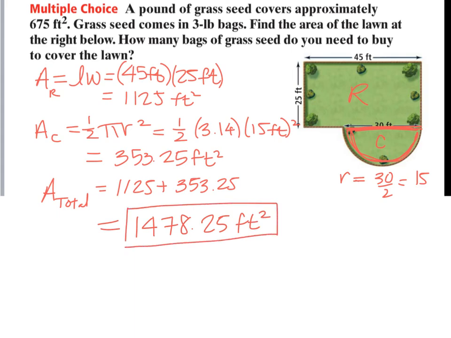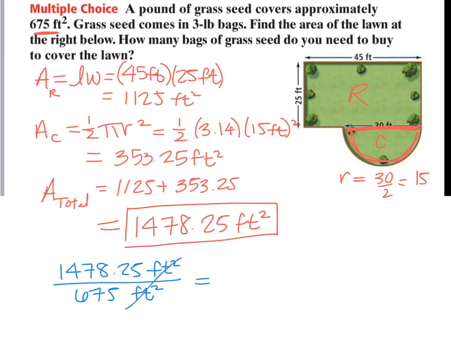Now remember, a bag of grass seed only covers 675 square feet. So now to figure out how many bags of grass seed we need, I'm going to take that 1,478.25 and divide that by 675 square feet. And notice my units are going to cancel out, and this is going to tell me the number of bags.